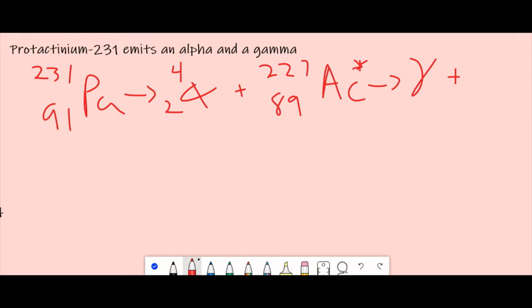The answer is just going to be the same, 227, 89, Ac. So you can see here that the protactinium 231 released an alpha and a gamma, and it ended up as actinium with a mass of 227 and an atomic number of 89.